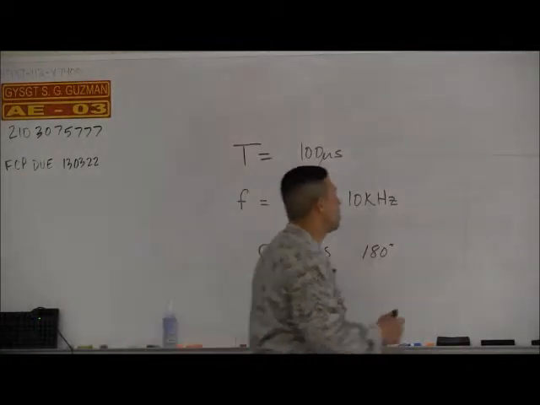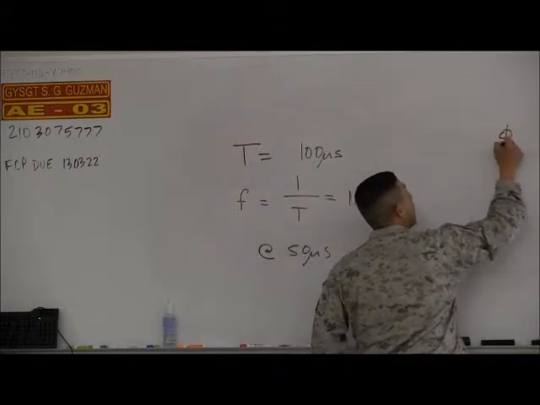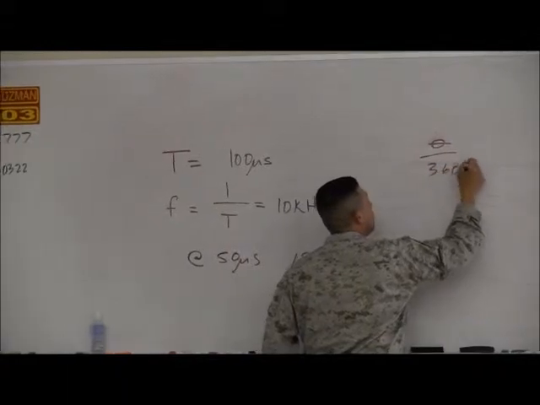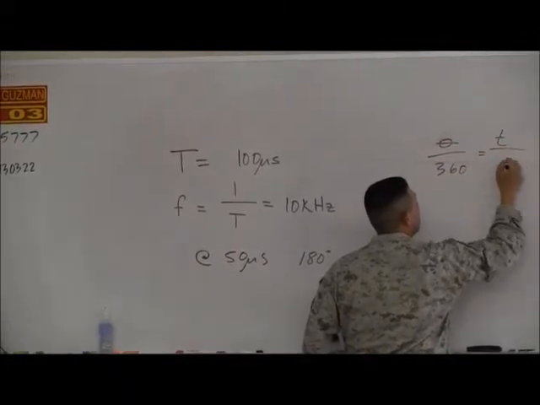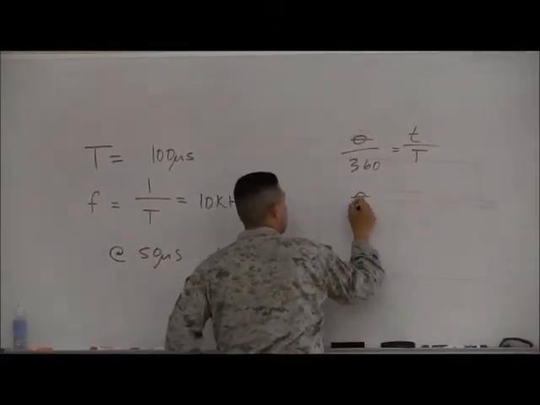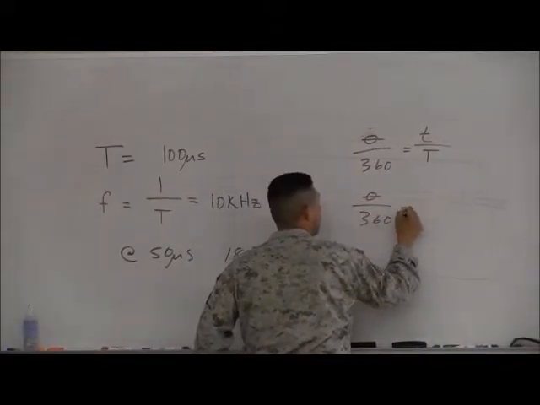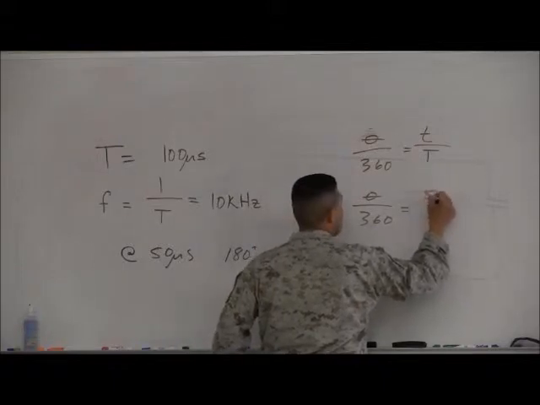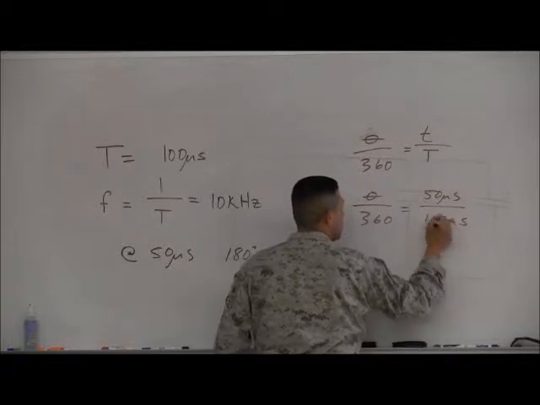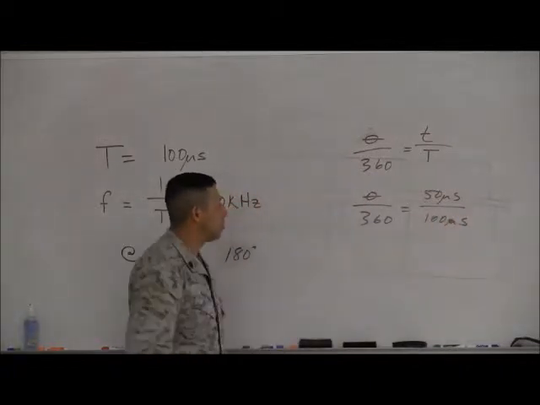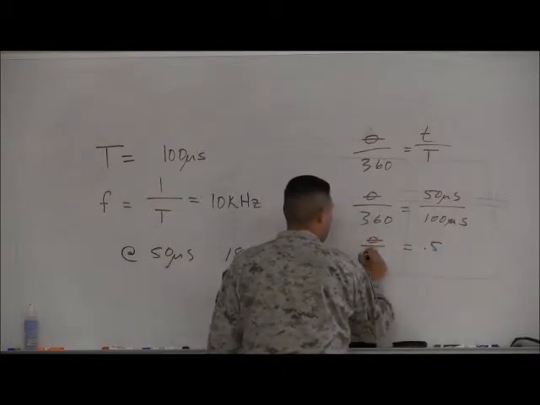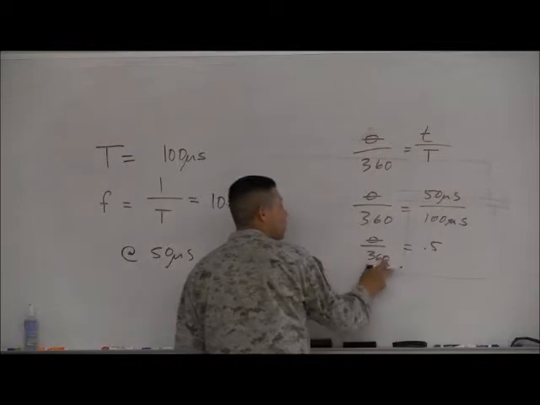And we find this by angle theta over 360 equals T over period. What did I say, 50 microseconds over 100 microseconds? Okay, so I wind up with 0.5 here. Multiply both sides by 360.